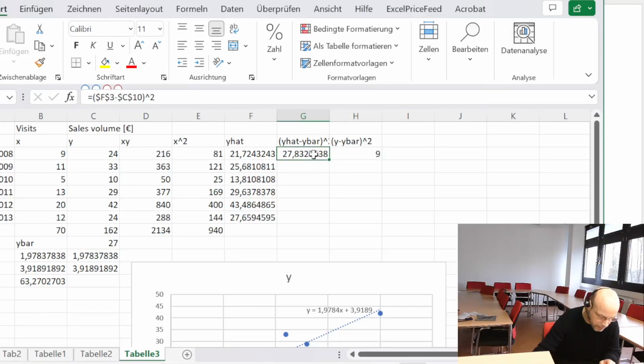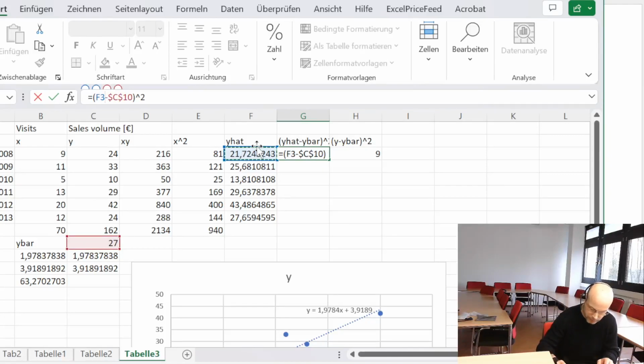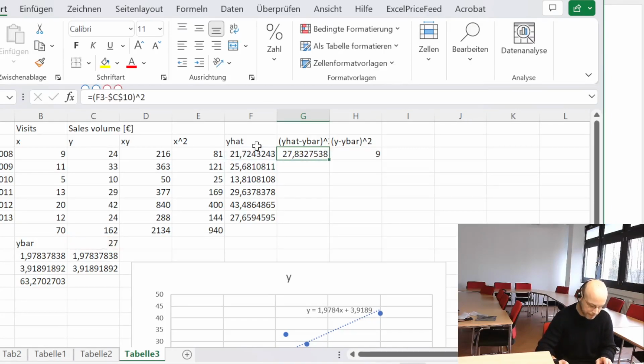I think here I have too many dollar signs. There we are. It should be y hat and not be fixed. So, and then we have to do this for all our data points.